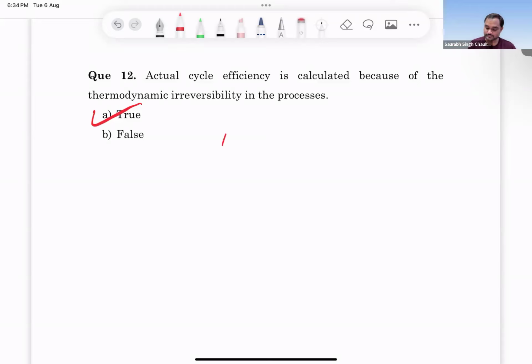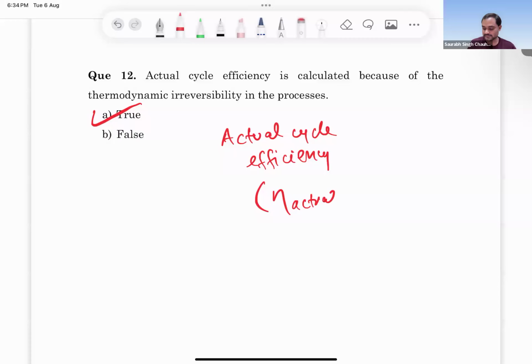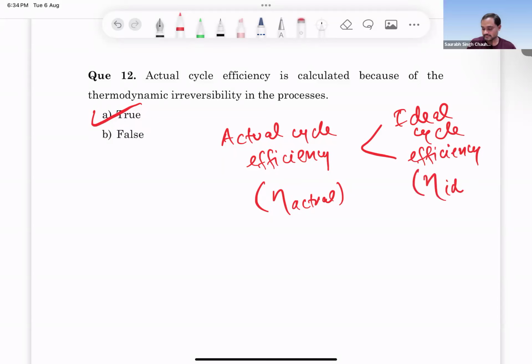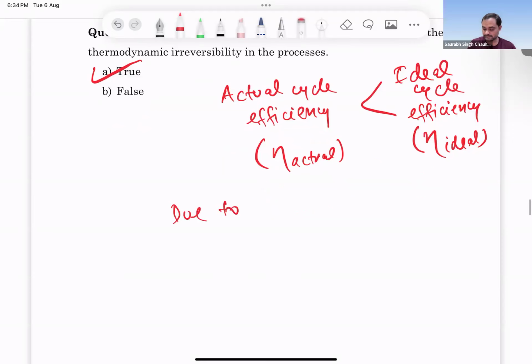The actual cycle efficiency is less than ideal cycle efficiency due to irreversibilities.